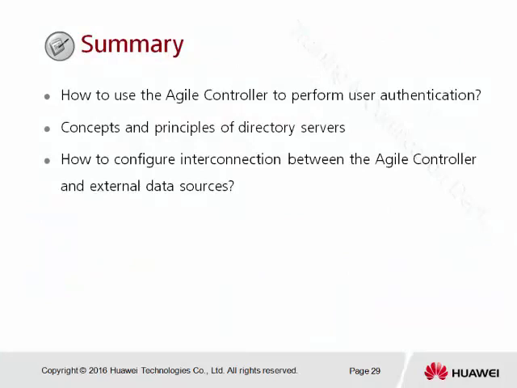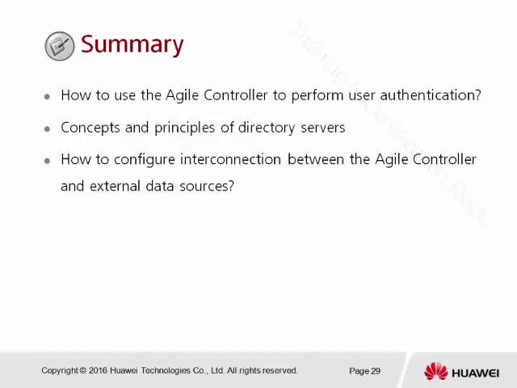And this is a summary for the topic here. How to use the Agile controller to perform the user authentication. The Agile controller allows us to do the authentication in local mode or remote. So we can use another server to do the authentication, for example, an AD server.